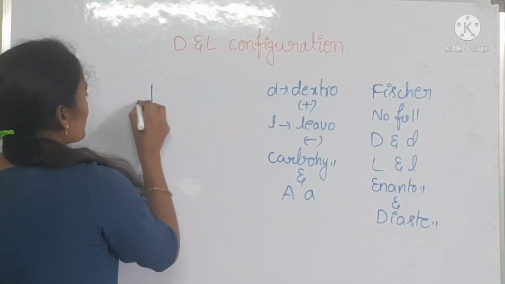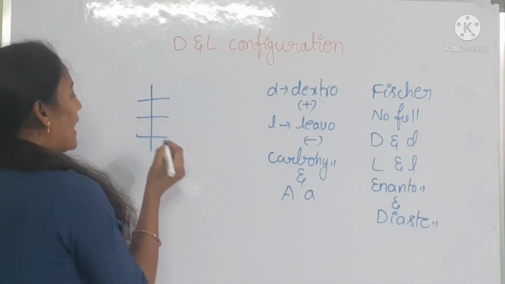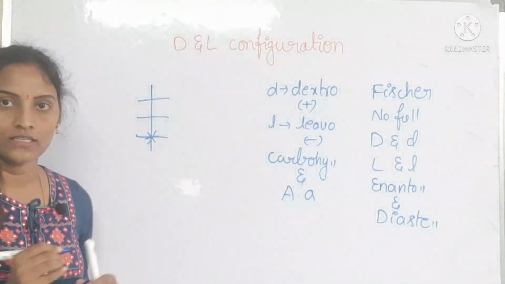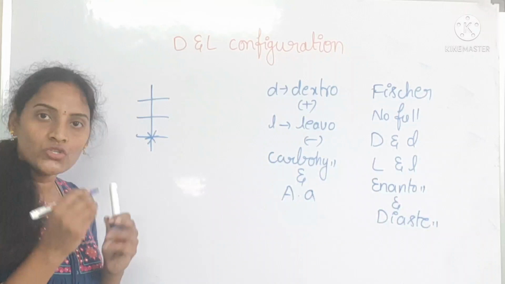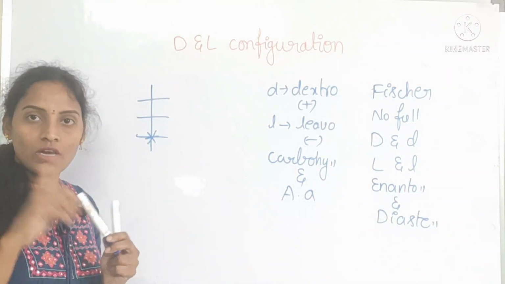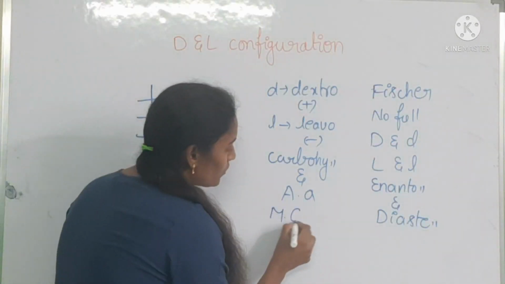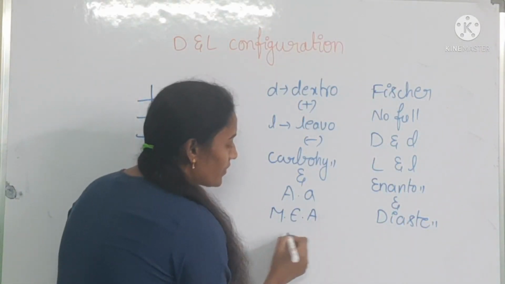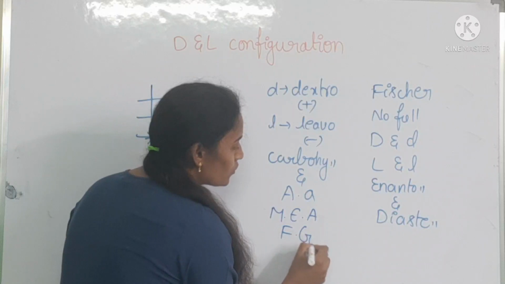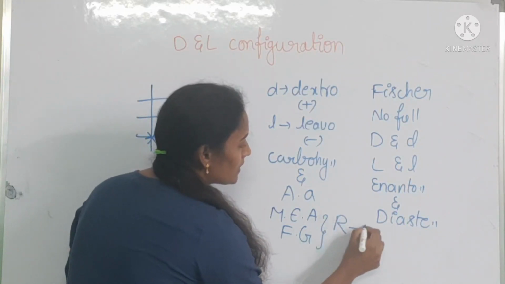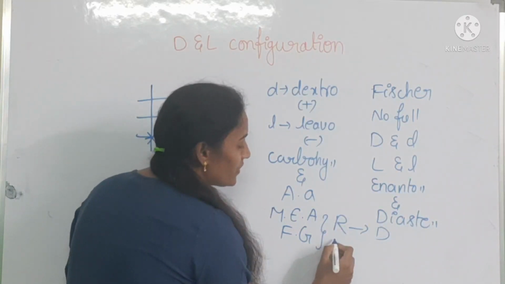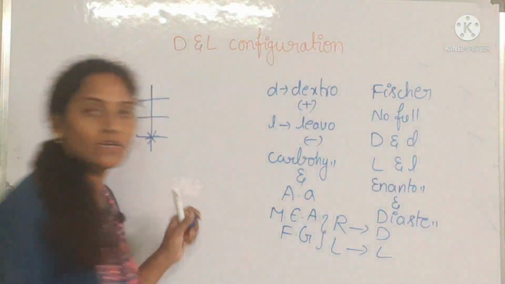On the Fischer projection, at the bottommost asymmetric center, if the most electronegative atom or differentiating functional group is on the right side, that indicates D form. If it is on the left side, that indicates L form.